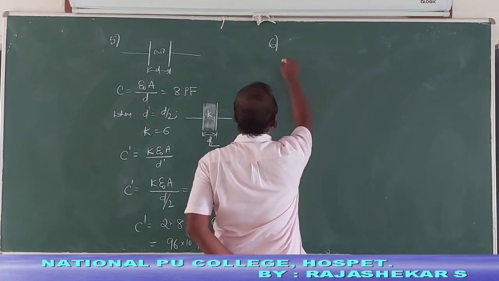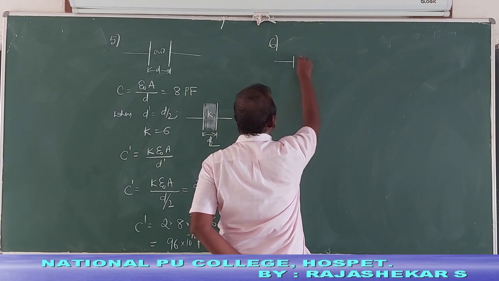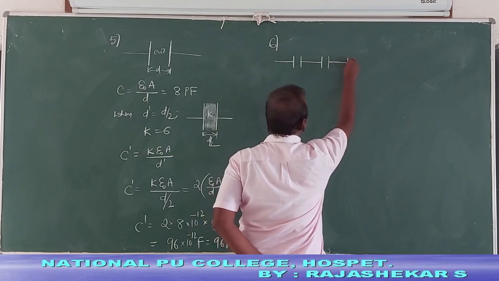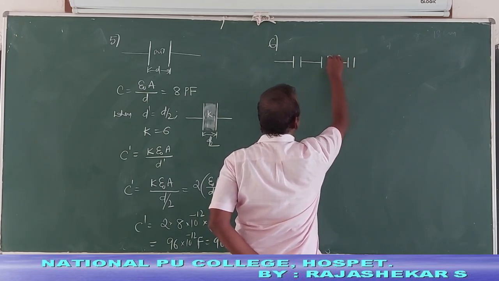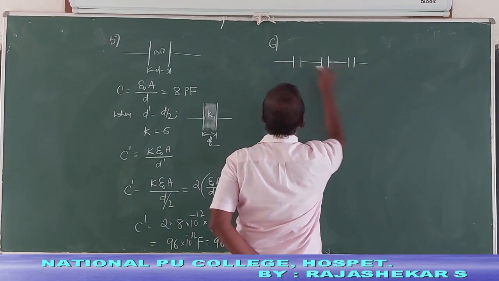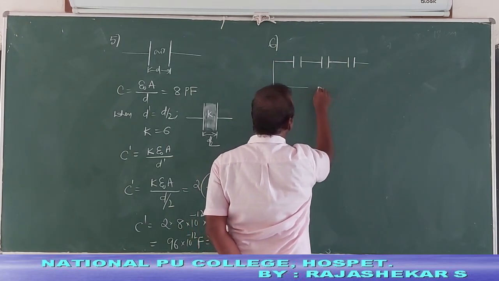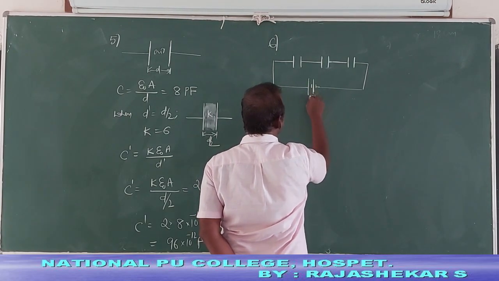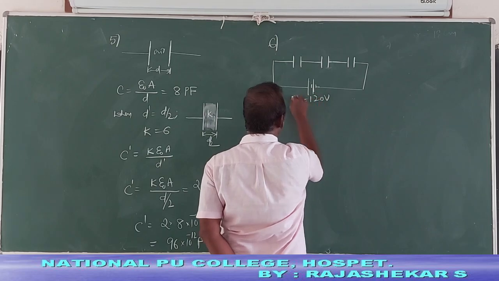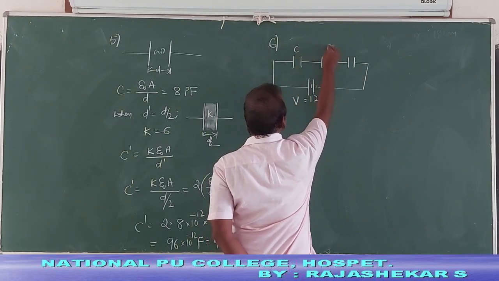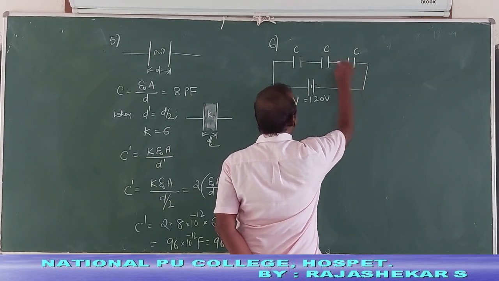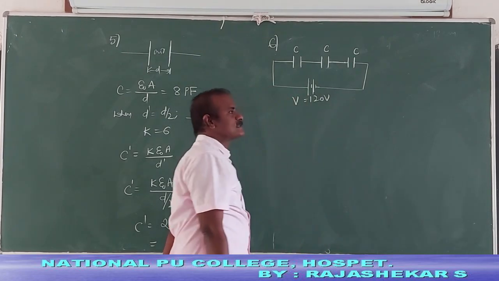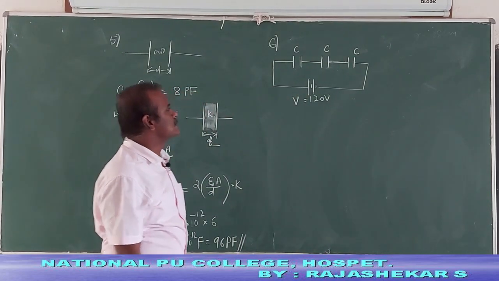Consider 3 capacitors being combined in series. Let us take all as identical, remember. These are initially uncharged, combined in series and then connected to a 120 volt supply battery. 120 volt is the total voltage supplied. This is C, why? Because they are identical: 9 picofarad, 9 picofarad, 9 picofarad for the series combination. Remember the discussion made in the last class.